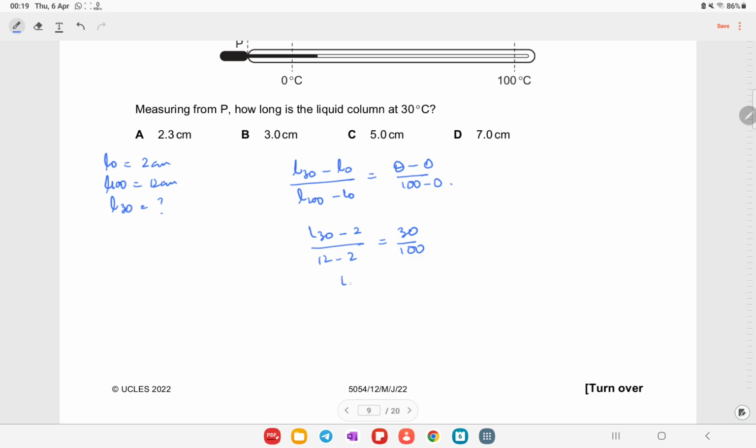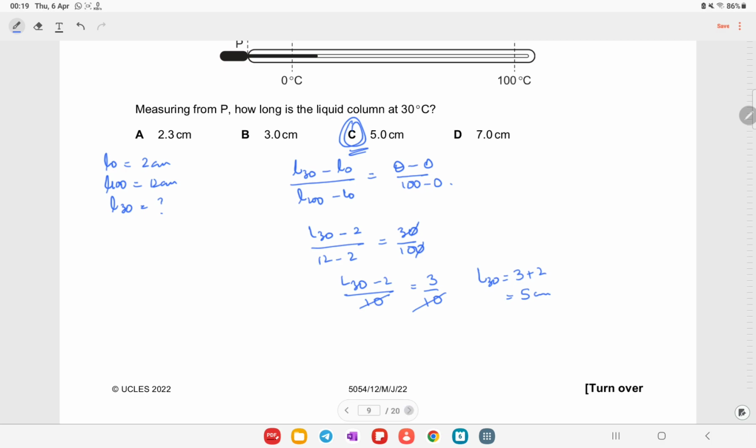So this is going to be (L_30 minus 2) over 10 equals, this 0 will be cancelled, 3 over 10. This 10 will be cancelled with this, so L_30 equals 3 plus 2, which is 5 centimeters. So option C is your answer.